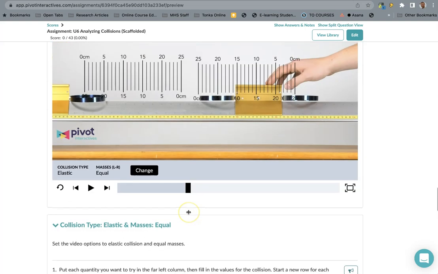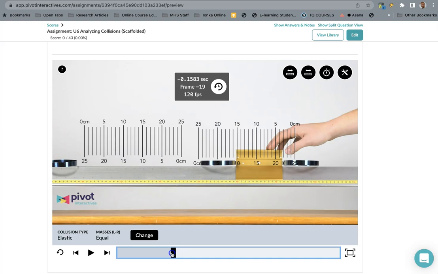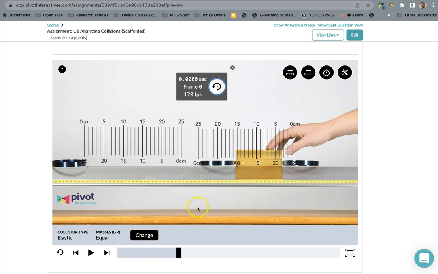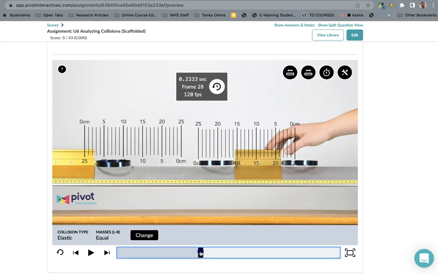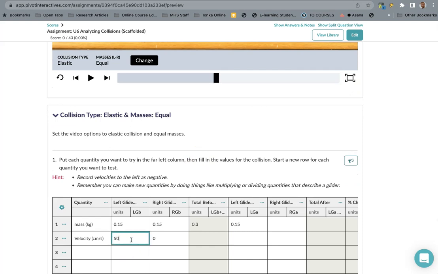I'll set this up where it's moving at a constant speed, maybe in this range. I'll set my timer at 0 and move it until maybe it's at 20. Now I take 20 divided by 0.4, that's 50. That's the velocity I can record right here.